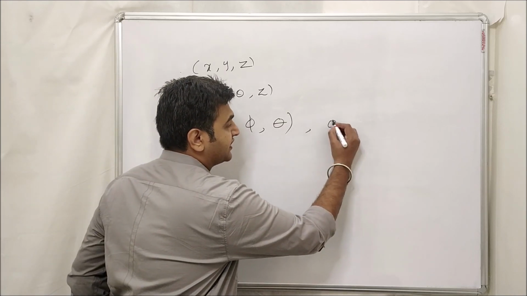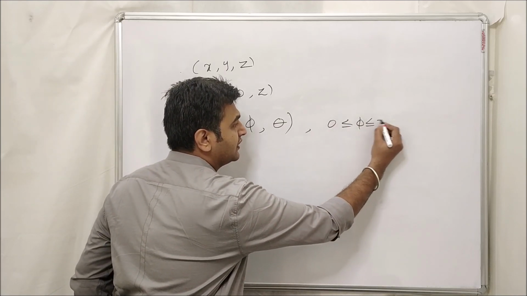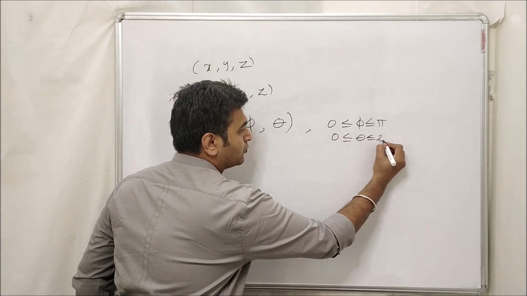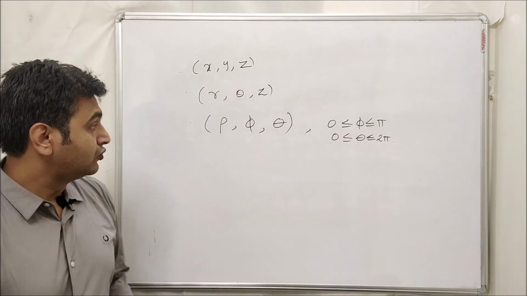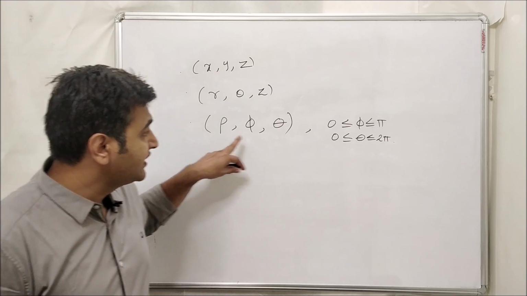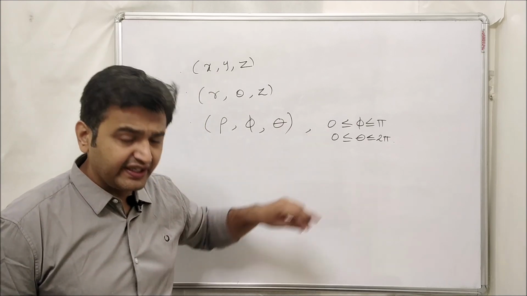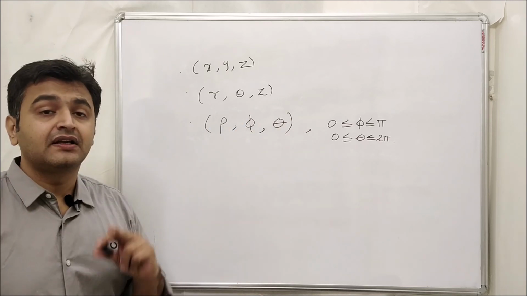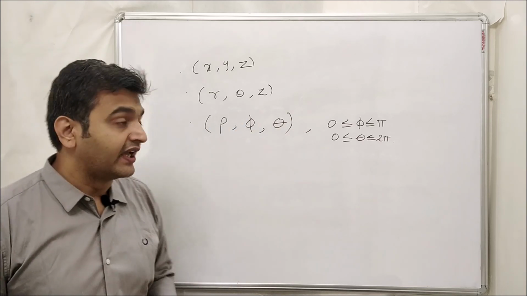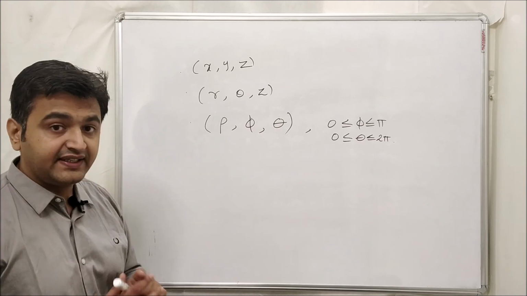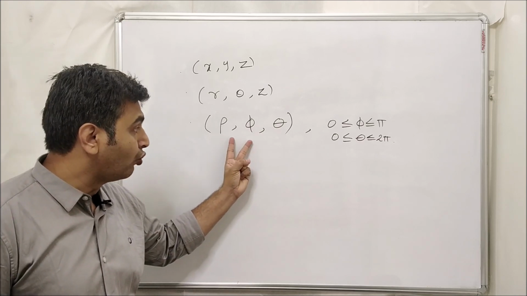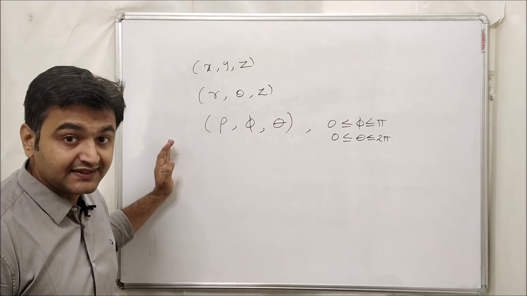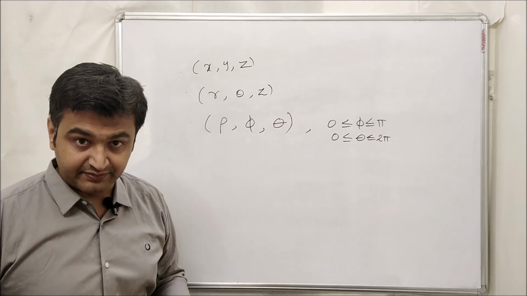There is a restriction on phi also: phi is only from 0 to pi, whereas theta we take from 0 to 2 pi. How this gives us the sphere and why this restriction, we will talk about in a moment, but this is how a triplet looks in the spherical coordinate system, and therefore this point is the intersection of a sphere, a cone and the angular plane.